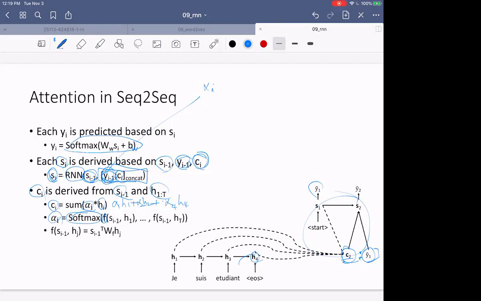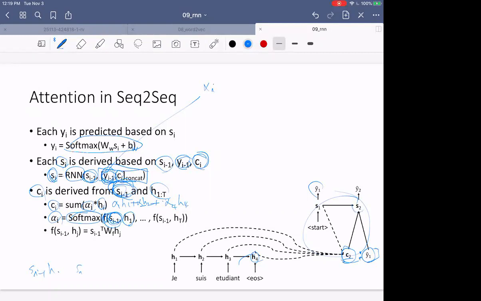That function needs to receive Si minus 1, and each of the H's.